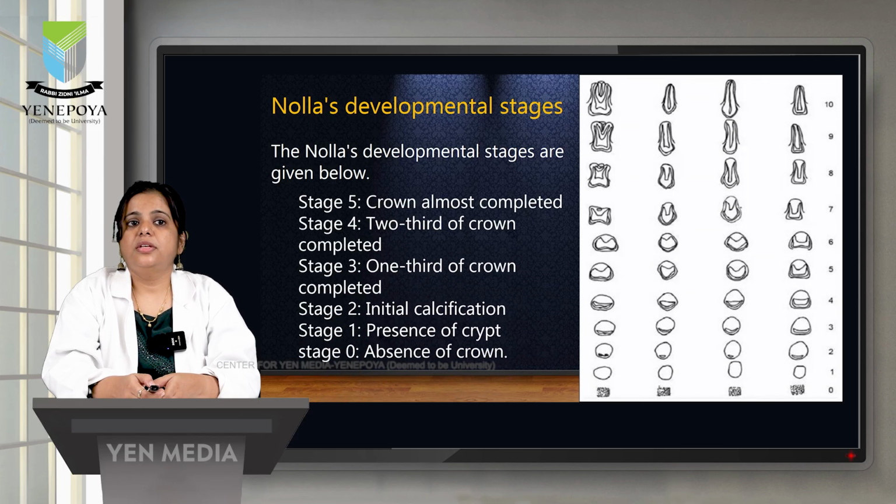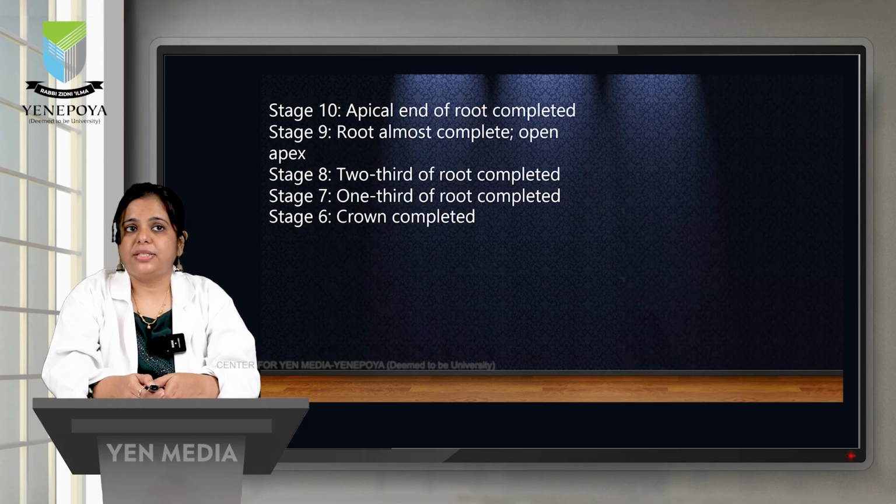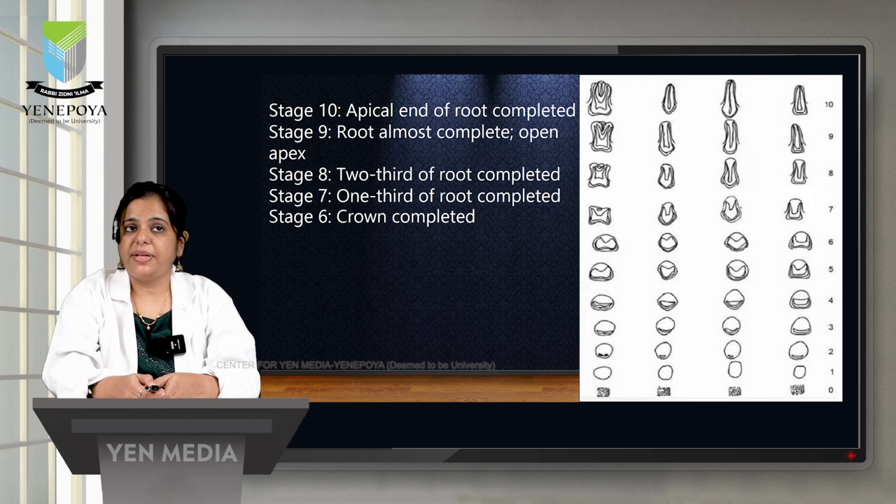Here you have stage 0 where there is absence of crown, stage 1 presence of crypt, stage 2 where there is evidence of initial calcification, stage 3 wherein 1/3 of the crown formation is completed, stage 4 2/3 of the crown formation is completed, stage 5 crown almost completed, stage 6 crown completed, stage 7 1/3 of the root formation is completed, stage 8 2/3 of the root formation completed, stage 9 wherein the root is almost complete but the apex is open, and stage 10 apical end of the root formation is completed.